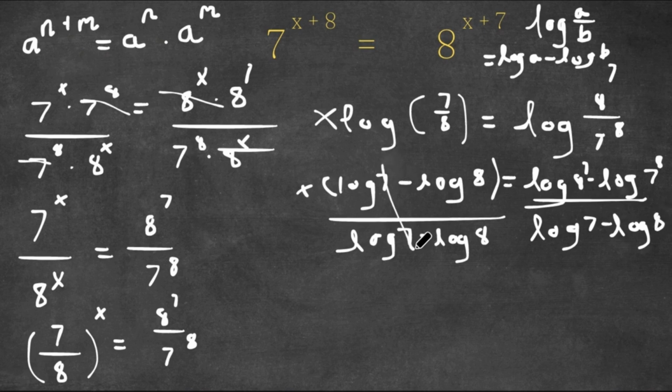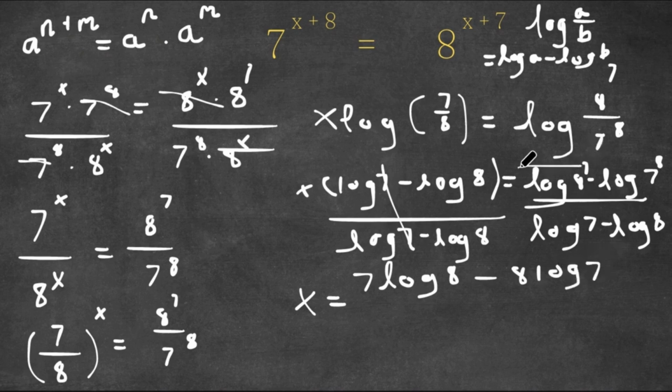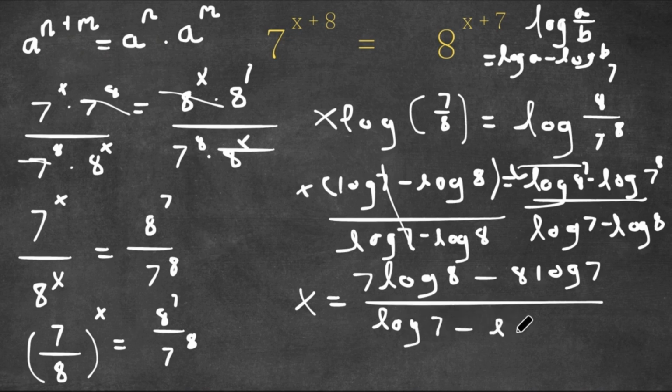So now these two cancel out, and we are left with x is equal to 7 log 8 minus 8 log 7, because remember we're moving the exponent to the front of the logarithm, over log 7 minus log 8.